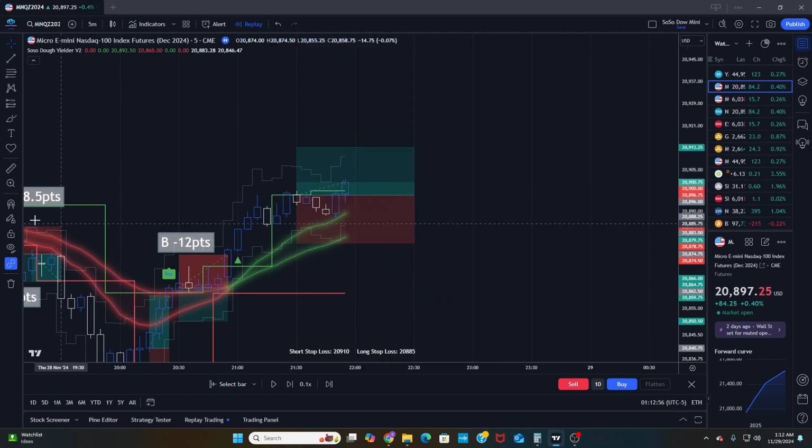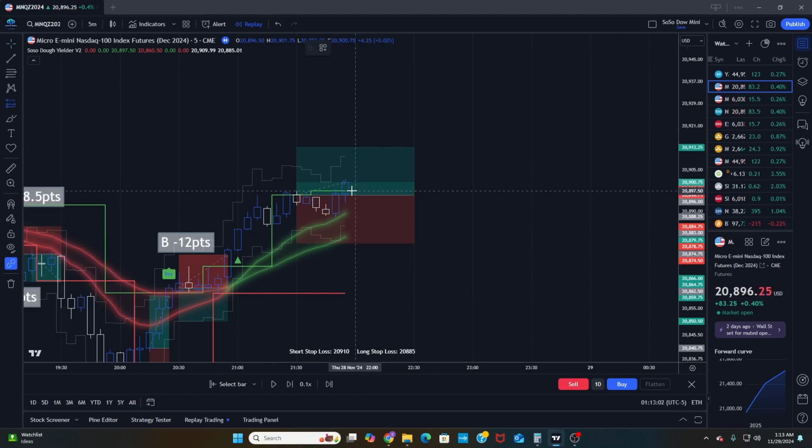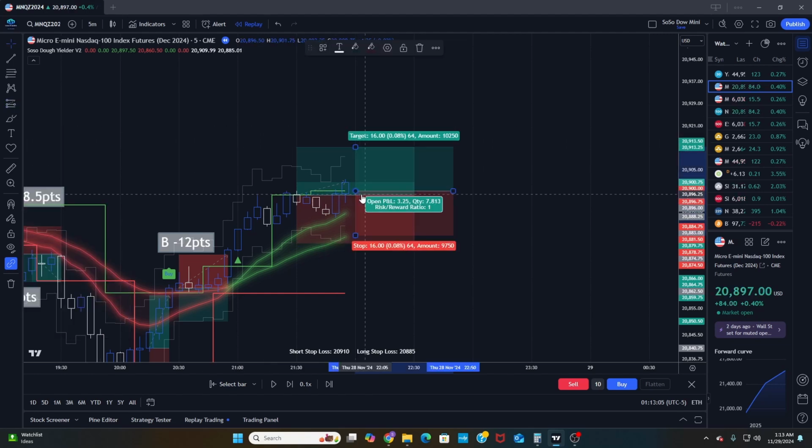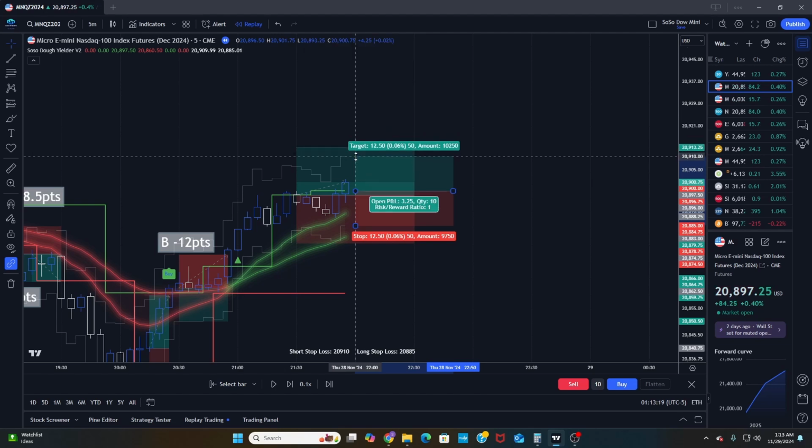This is actually another entry here if you wanted to, if you didn't mind stacking your trades. We'll see if we get a retest of it or not, but it would be the break of this level, which is 897.50. Stop loss would be 12.5 points here.